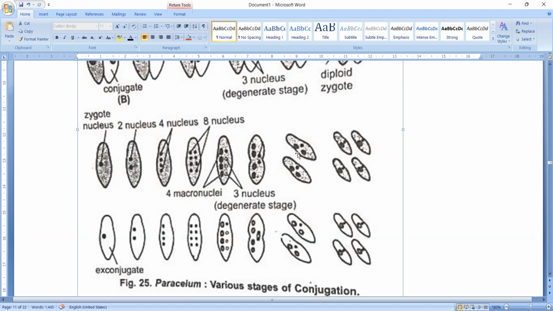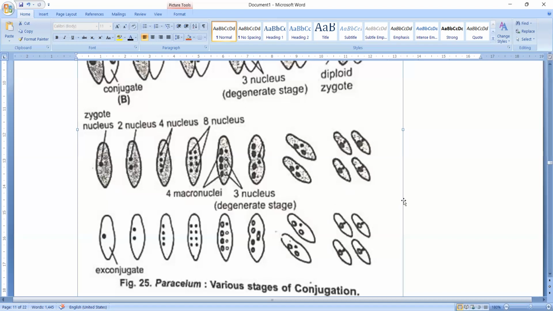Again they undergo cell division, and again only the micronucleus is divided, to form 4 paramecia from 1 ex-conjugate. This is another ex-conjugate, so another 4 paramecia are formed.